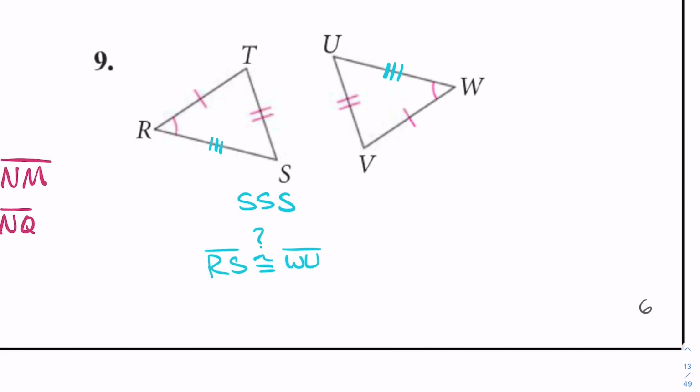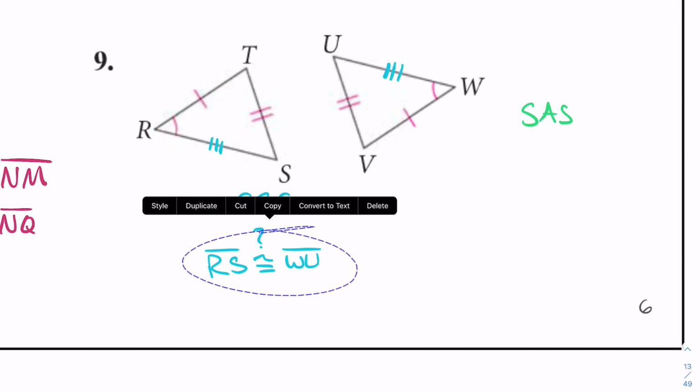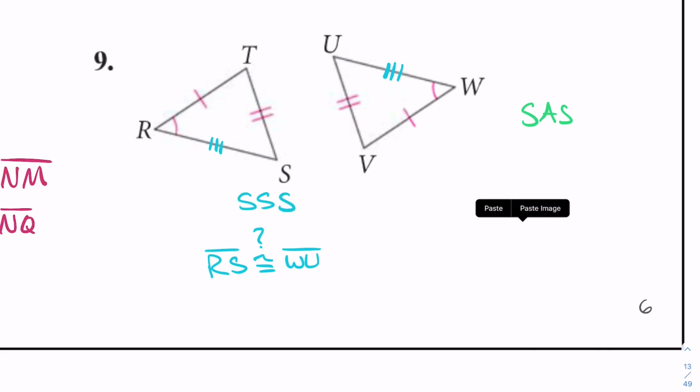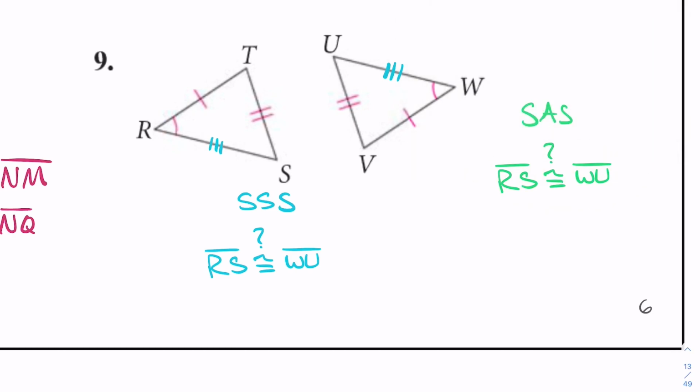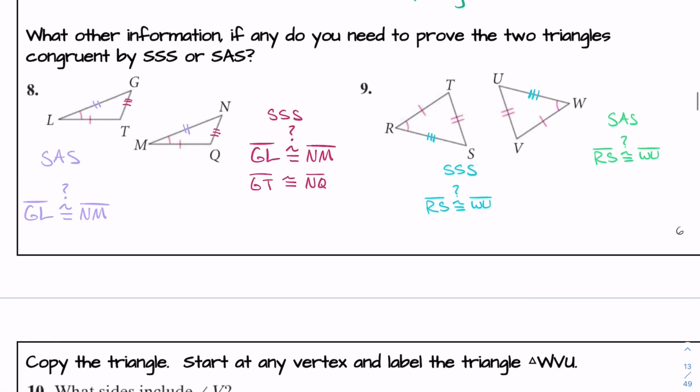By side angle side, it appears that I was given a side and an angle. I just need that last side. So this is exactly the same statement. By either one of these, I would need that same piece of information because of the placement of that angle. Okay, so those are the answers for 8 and 9.